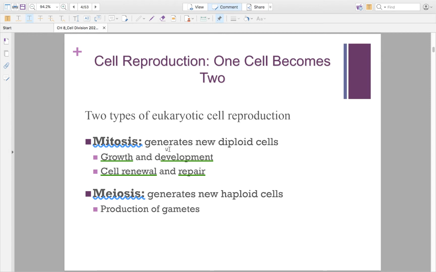Now look at this term. This is important. It says mitosis generates new diploid cells. Remember diploid? Diploid, D-I, di. Diploid means that the cell has the full set of chromosomes for that species.